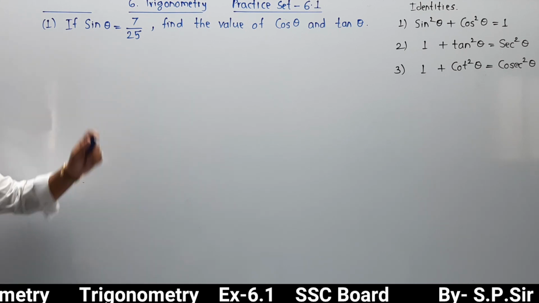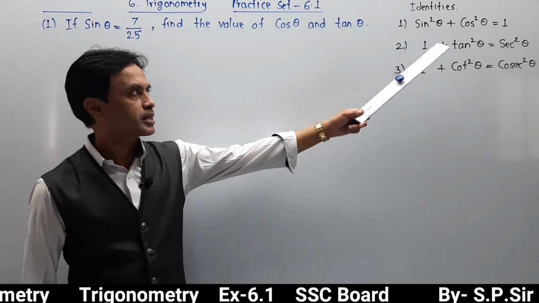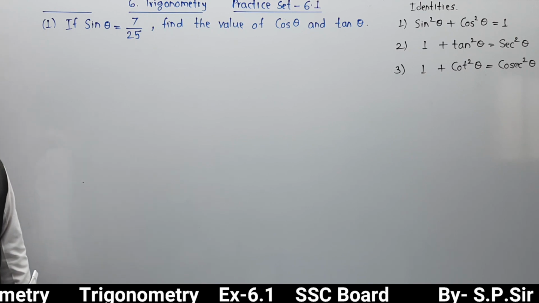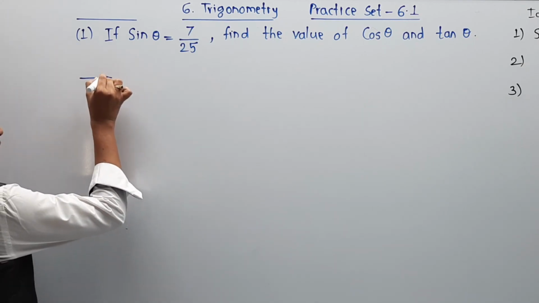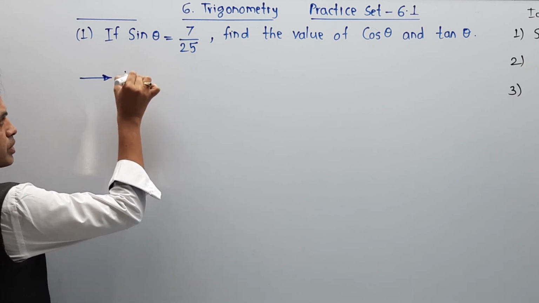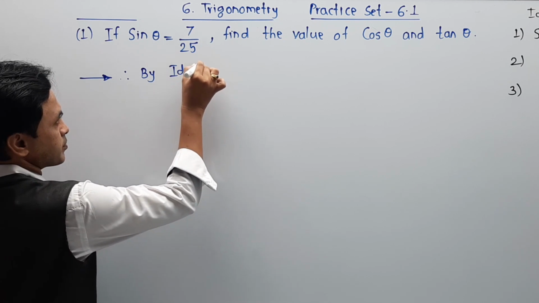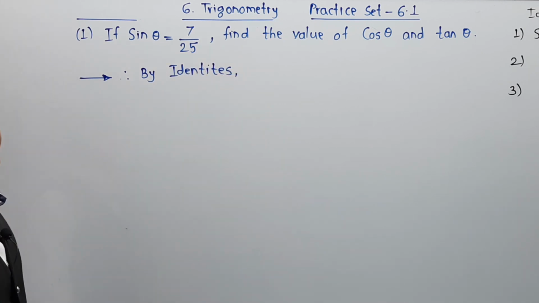If sin theta is equal to 7 upon 25, we use the first fundamental identity, sin square theta plus cos square theta is equal to 1. Starting from that, here we begin our answer, first by identities, or you can also say by trigonometric identities.